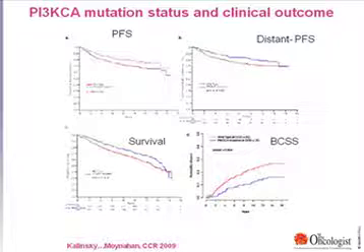So we have to be careful when we analyze the clinical data with PI3 kinase inhibitors or with mTOR inhibitors, if we are going to compare this with historical samples, because these tumors could have a better outcome.